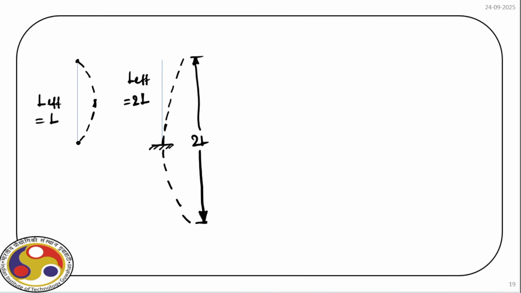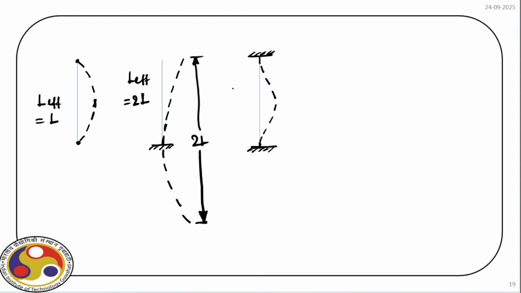Now if we have the third case, that is we have full fixity at both ends. So we have fixity here and fixity there, and obviously the deformed shape is like this, and the slope at the two ends are 0.